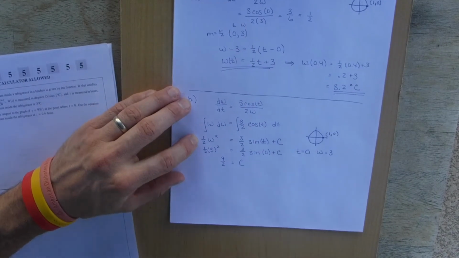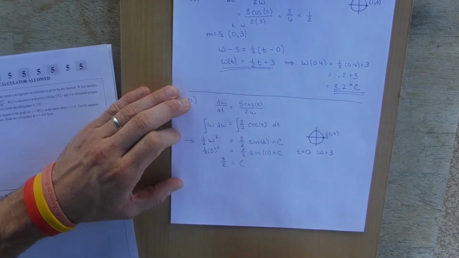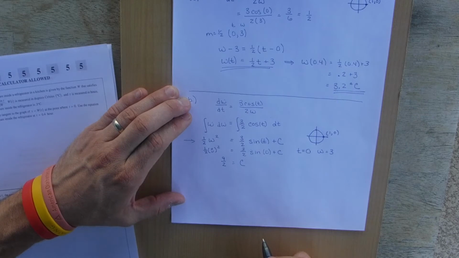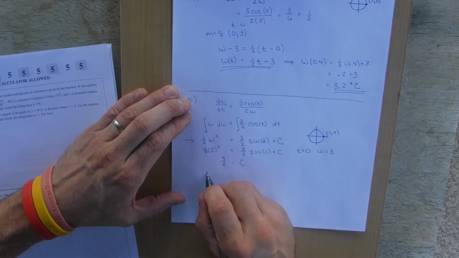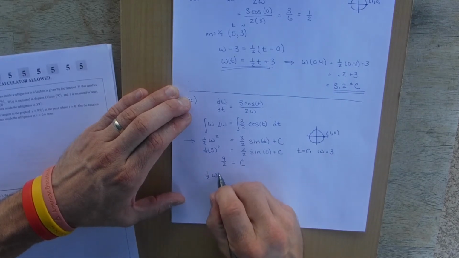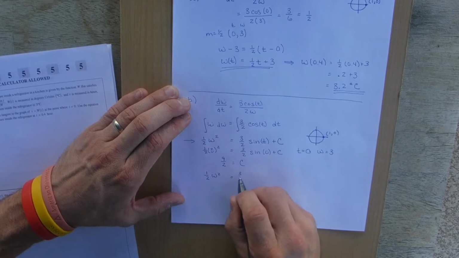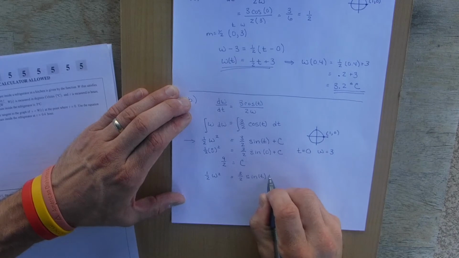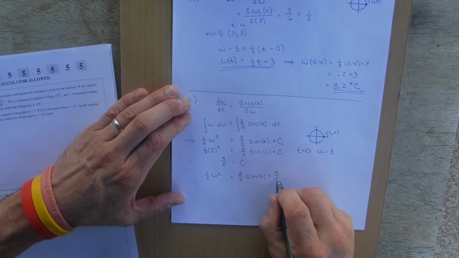Rewrite it into that equation right there. That's where the first appearance of c shows up. And so we plug it back in. Plus c.